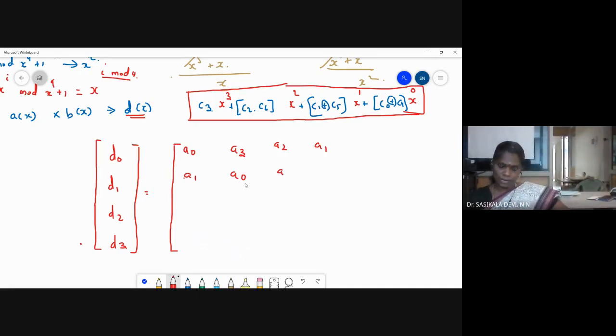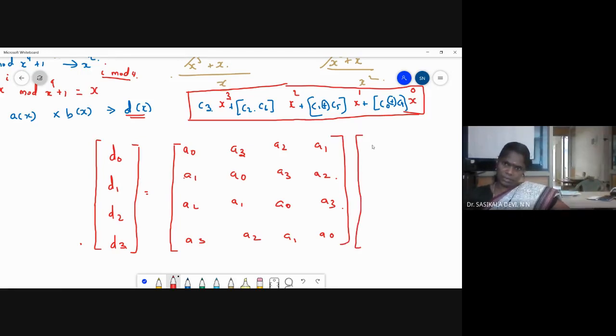A1, A0, A3 and A2, and D2 is A2, A1, A0 and A3, and D3 is nothing but A3, A2, A1 and A0. This is multiplied with B0, B1, B2, B3. How did I get this matrix?